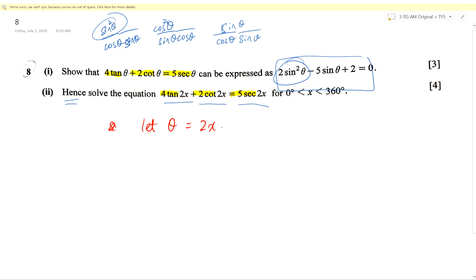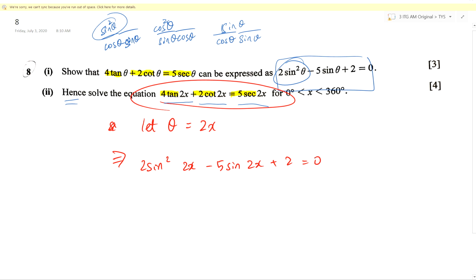Then you can quote your previous result. Therefore, to solve this is as good as solving 2 sine squared 2x minus 5 sine 2x plus 2 equals 0. They are trying to get you to solve this. This is quadratic.